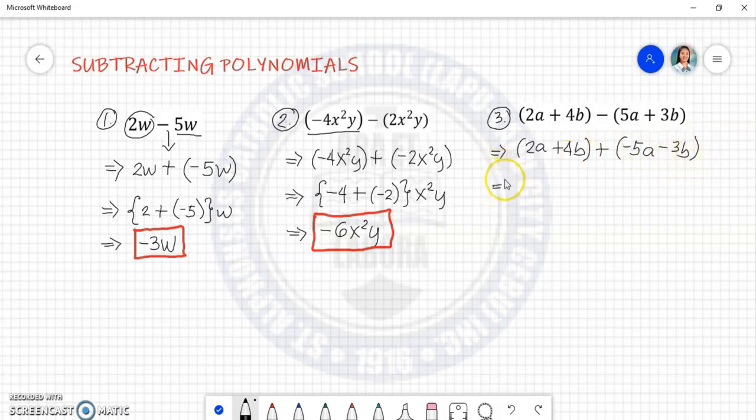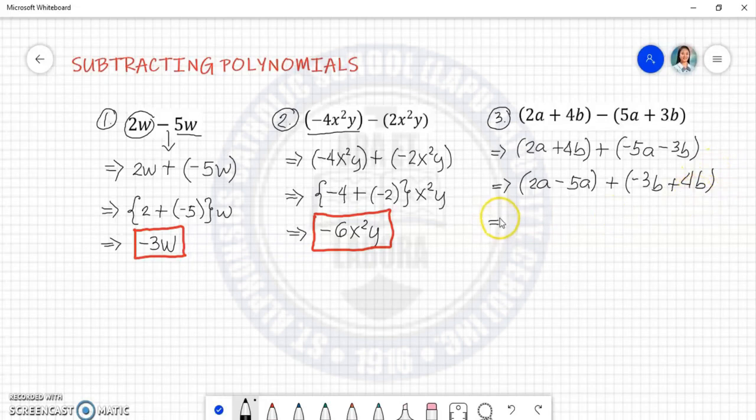Afterwards, I want you to rearrange the terms in such a way that same terms will be written together with each other. So, that's 2a minus 5a plus negative 3b plus 4b.